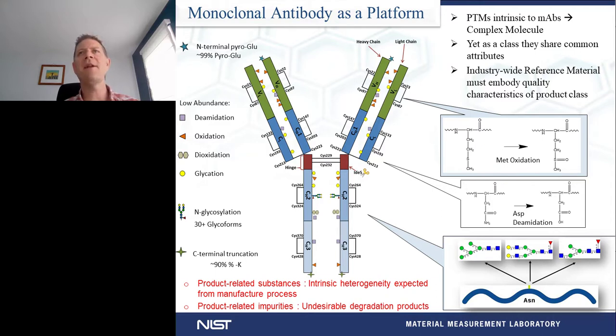But when we start thinking about a monoclonal antibody, we start thinking about what attributes about this protein we actually want to measure. And if you look at a monoclonal antibody, initially you start thinking of a reference material that's a common material that can be shared among people to do things like harmonize analytical methods. It's hard to choose which monoclonal antibody it is that you'd actually like to use for that analysis.